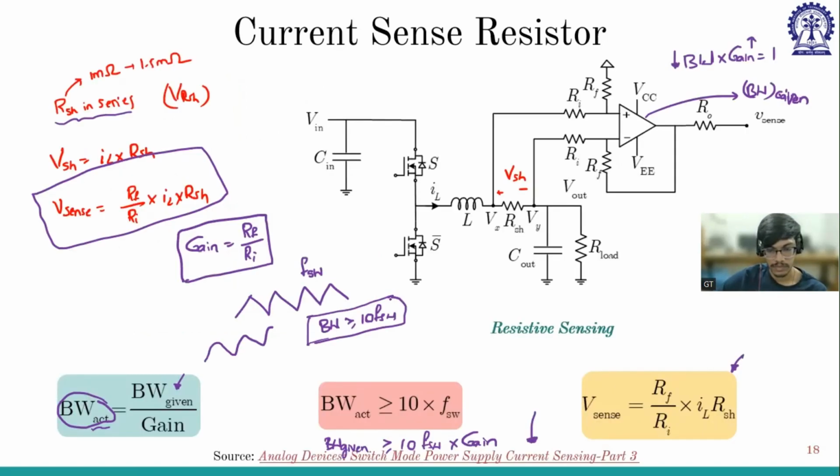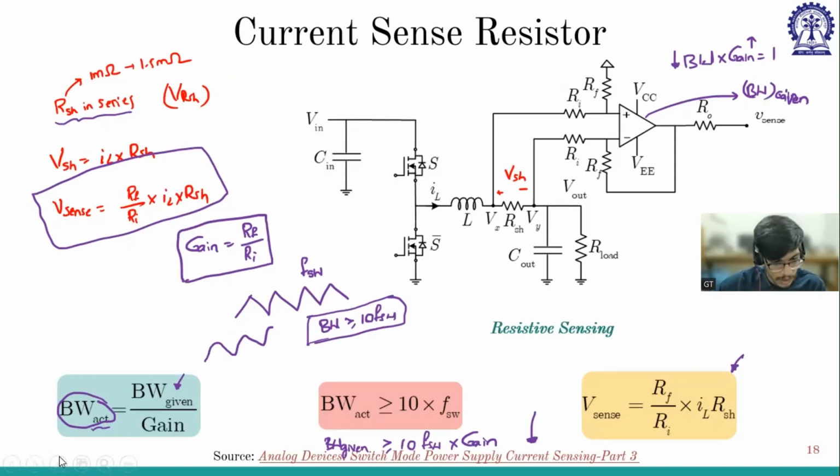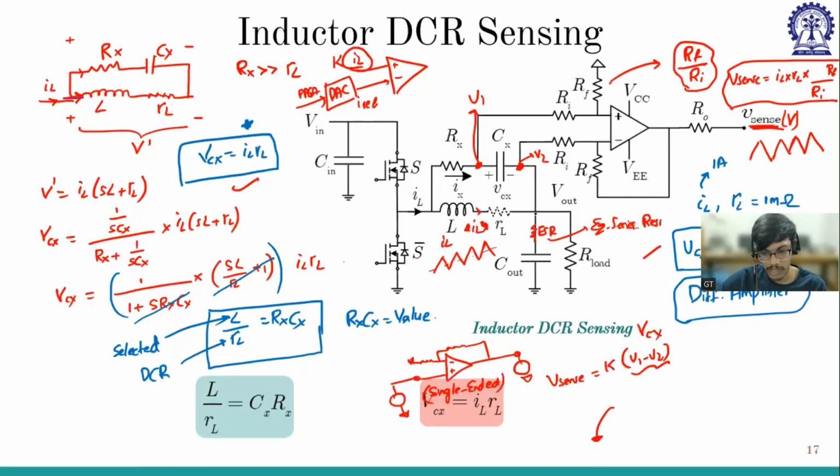Sir, what is the major difference between the RL and this shunt current sense resistor? Yes. So the inductor has this RL, and previously I was tapping between this point and this point.